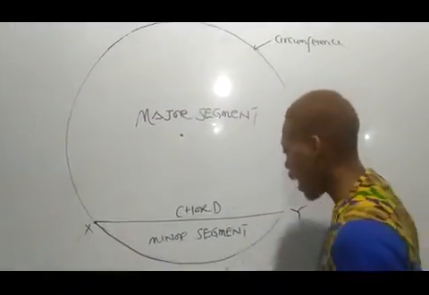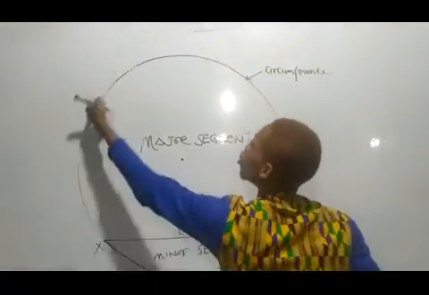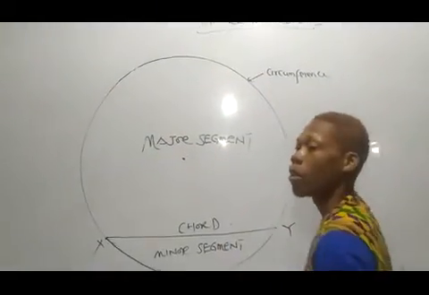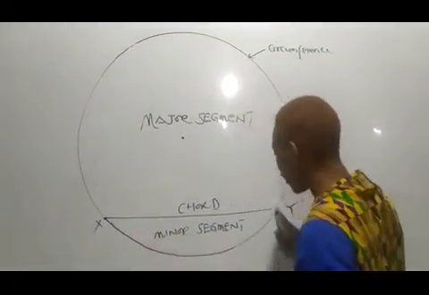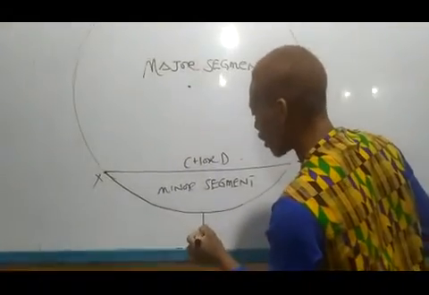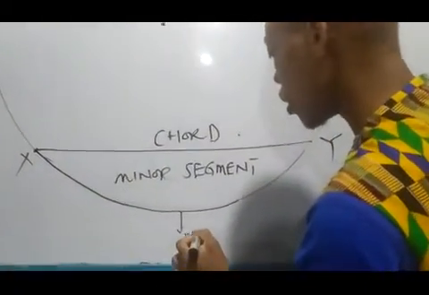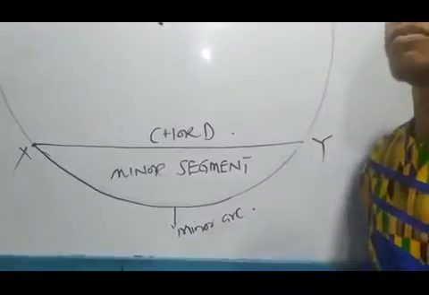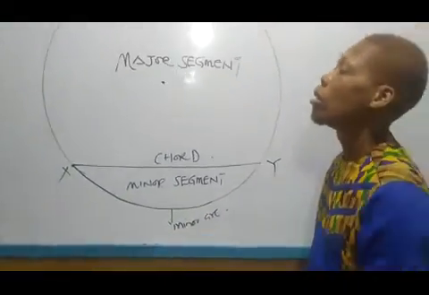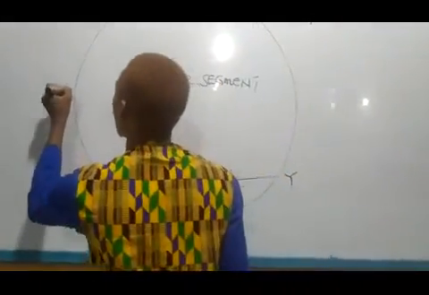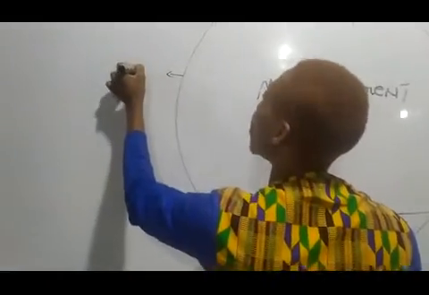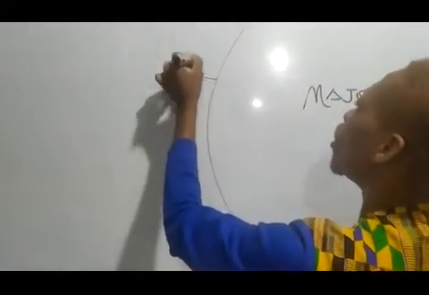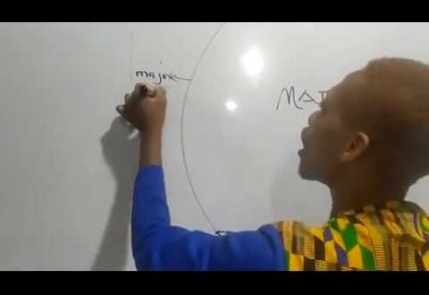So this is an arc, and this one is also an arc. But because this one here is smaller, we say this is the minor arc, and this is the major arc.